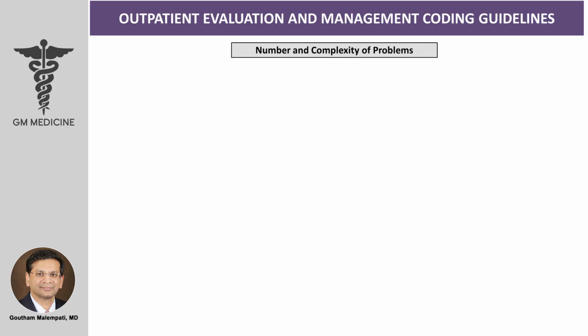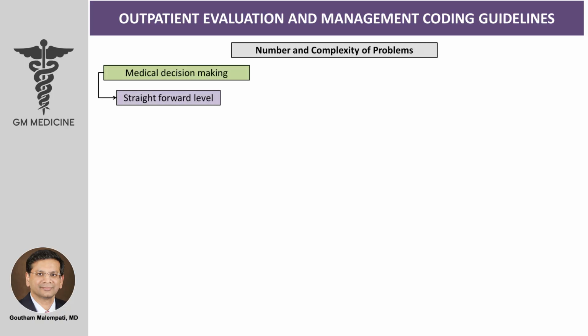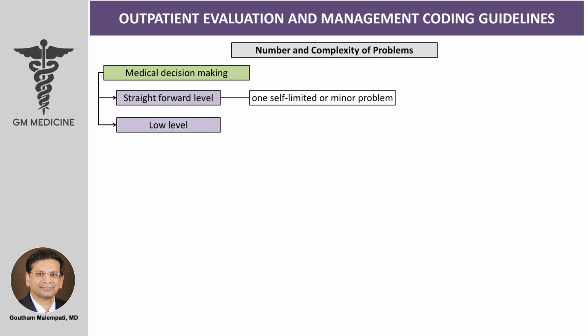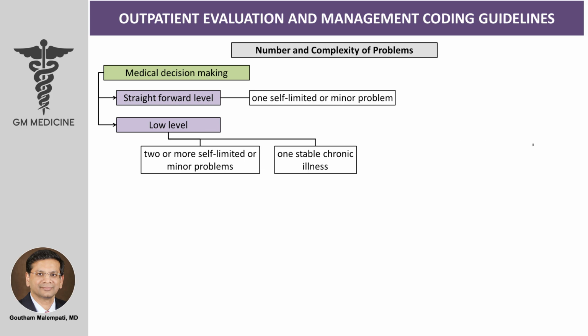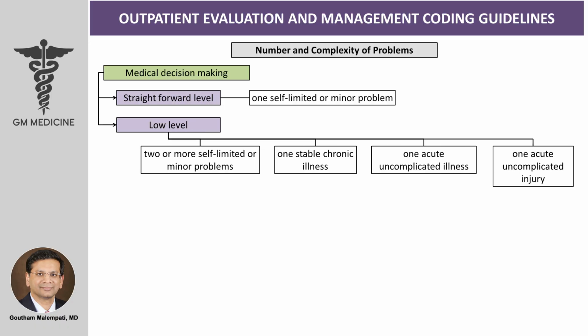Number and complexity of problems. For a straightforward level of medical decision making, it is one self-limited or minor problem. For low level of medical decision making, 2 or more self-limited or minor problems, or 1 stable chronic illness, or 1 acute uncomplicated illness, or 1 acute uncomplicated injury.